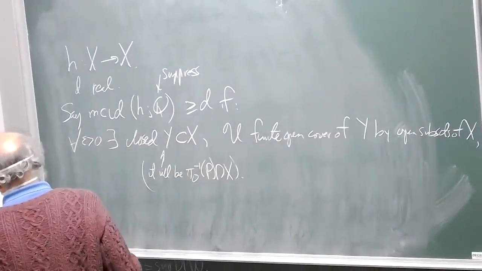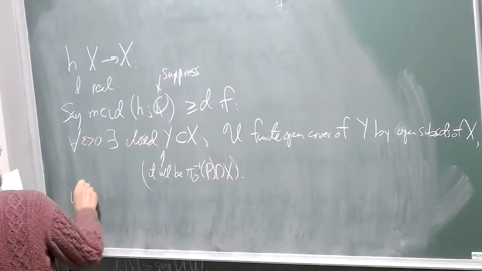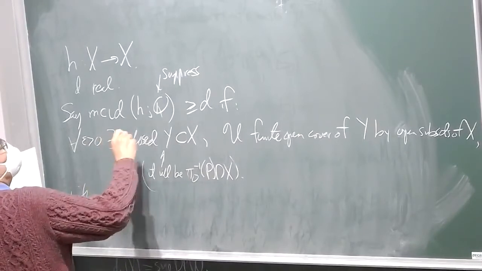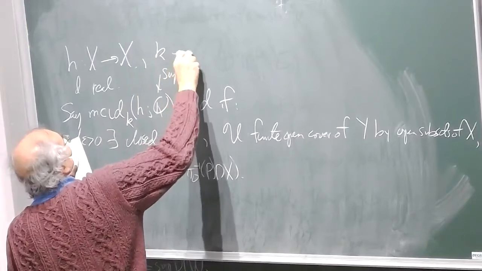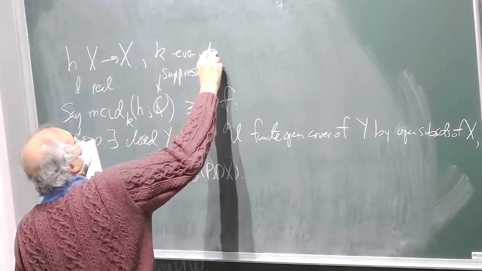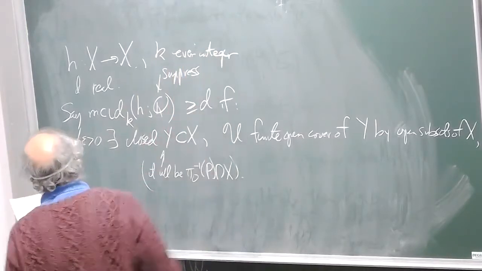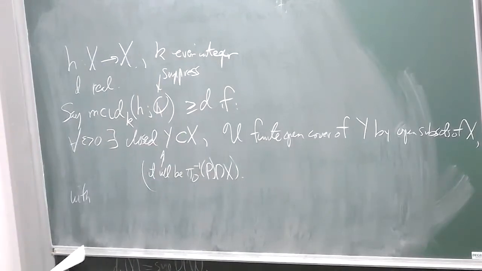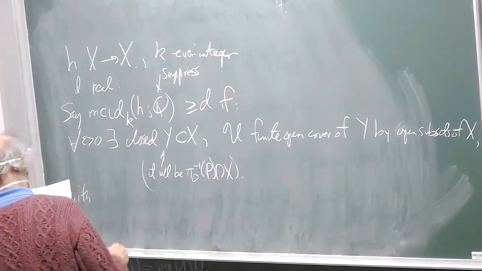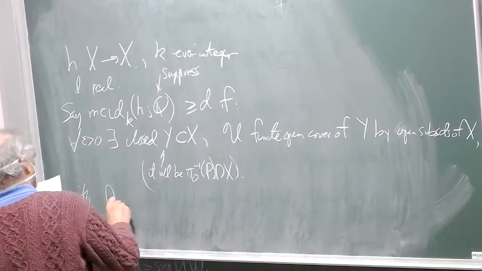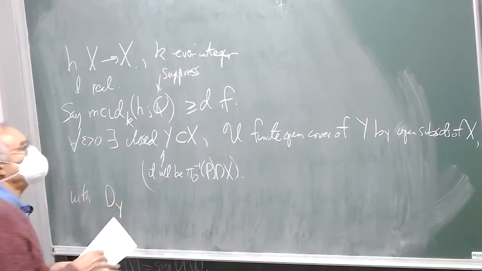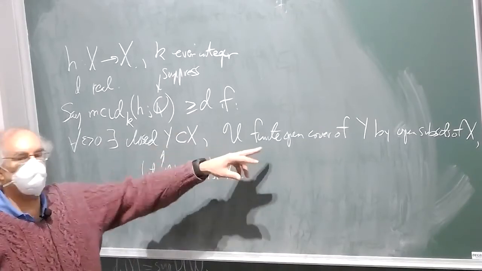And so, oh, and there's a K here. K is an even integer. And so now here's where K comes in. I regard U intersected with Y as an open cover there.